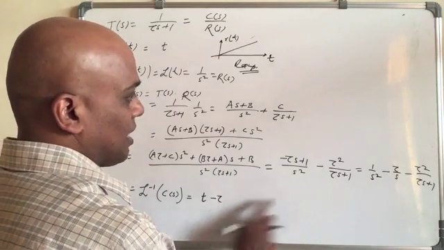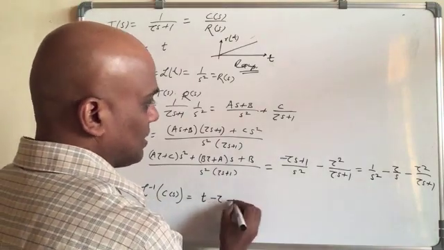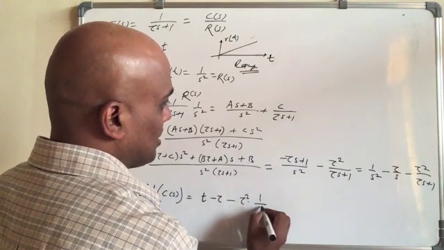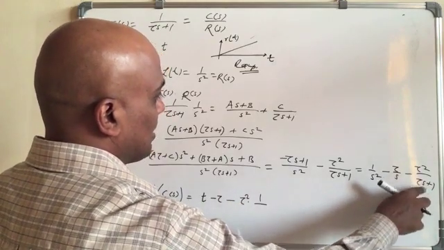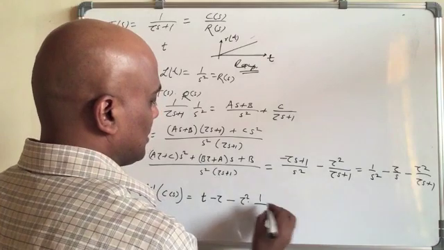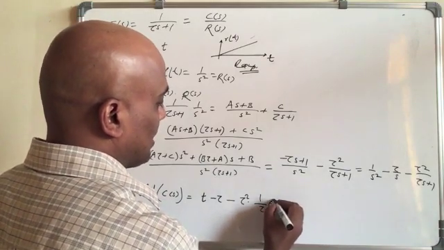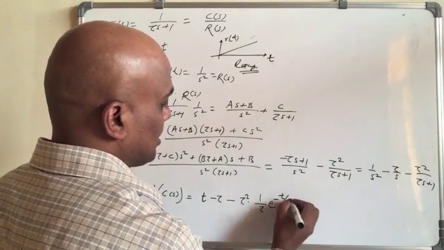So we get t minus tau from here, and from the last term minus tau square times 1 over tau e to the power minus t over tau.